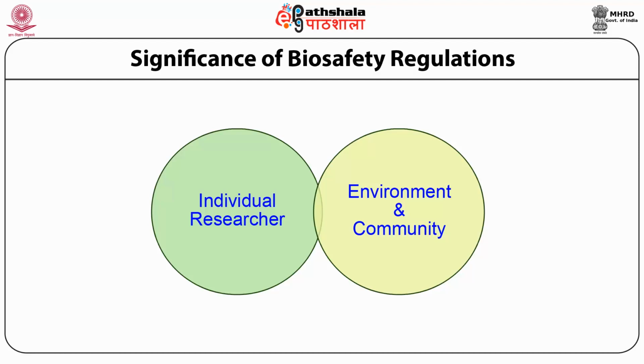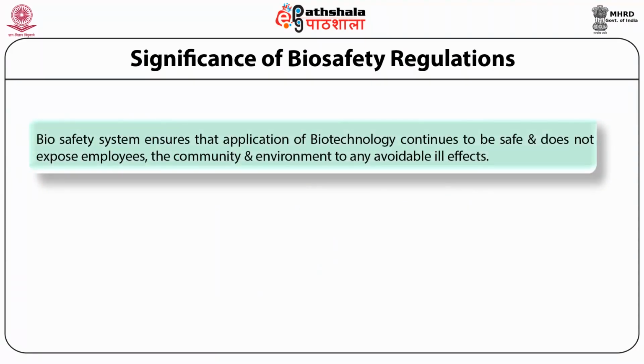So let us look at the significance of biosafety regulations. How do they work? Biosafety systems ensure that the application of biotechnology continues to be safe and does not expose employees, community or the environment to any avoidable ill effect.